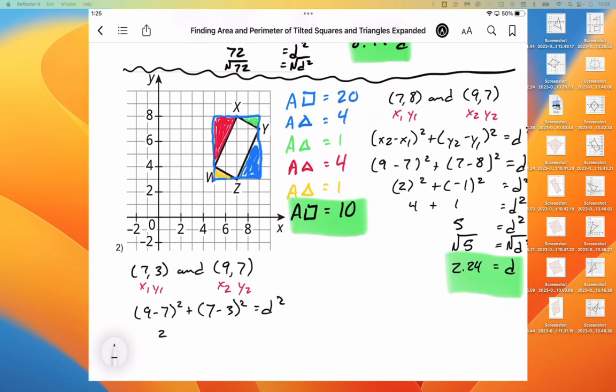And so we're going to get 2 squared plus 4 squared equals d squared. Again, I'm going to shorten this a little bit so that I don't run out of room. 20 is equal to d squared. And then square root of 20 is 4.47.